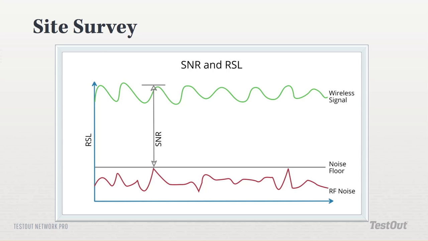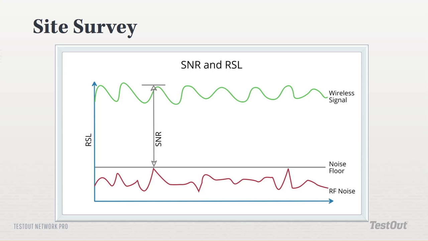Again, here we have another diagram. This is going to identify just how strong the radio signal is at the receiver. The closer you are to the transmitter, obviously, the stronger the RSL; the farther away you are, the lower the RSL.